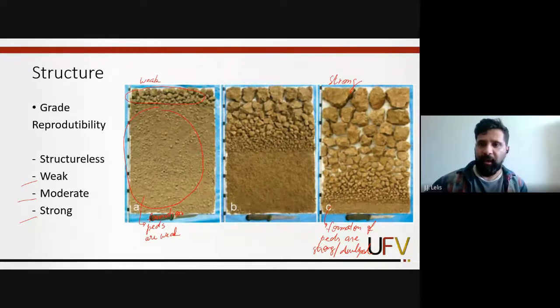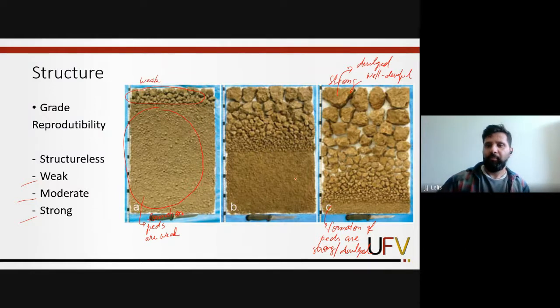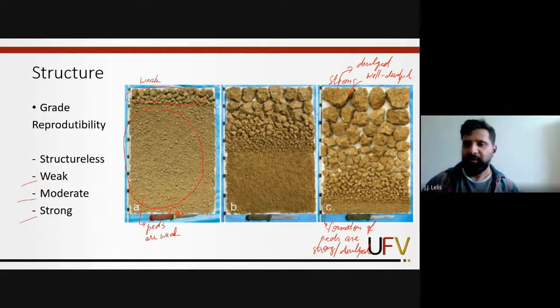Generally, we say that these soils, these horizons, are developed or well developed, okay? Because we have a strong aggregation. The soil formation factors act to create a strong grade, and they interact between them very intensively. So they create a strong grade.